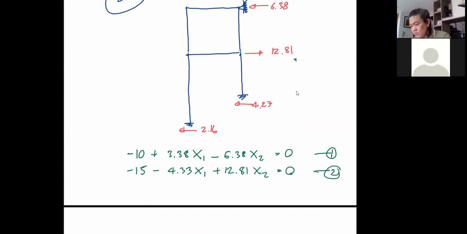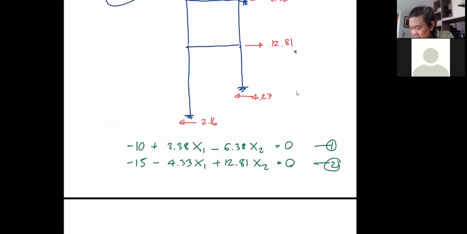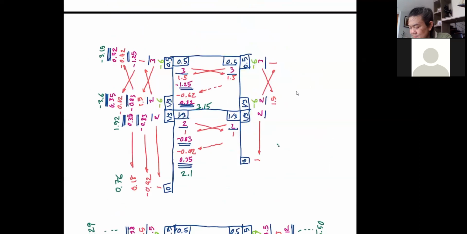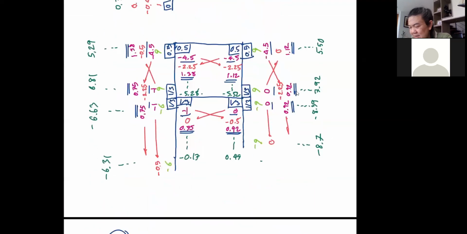You solve these two, you get x1 equal to 14.28 and x2 is wonderfully equal to 6. After you got these two, you bring x1 back and multiply the end moment here, and x2 multiply the end moment here and then sum them up. Then you get the answer. Rather horrible, isn't it? Long process.